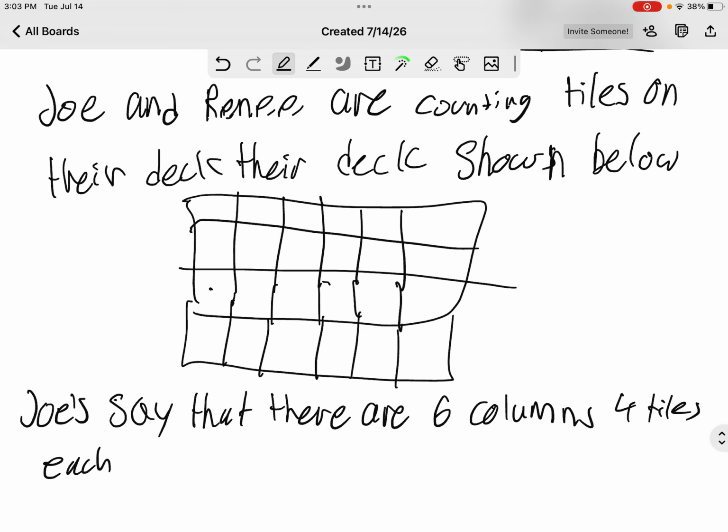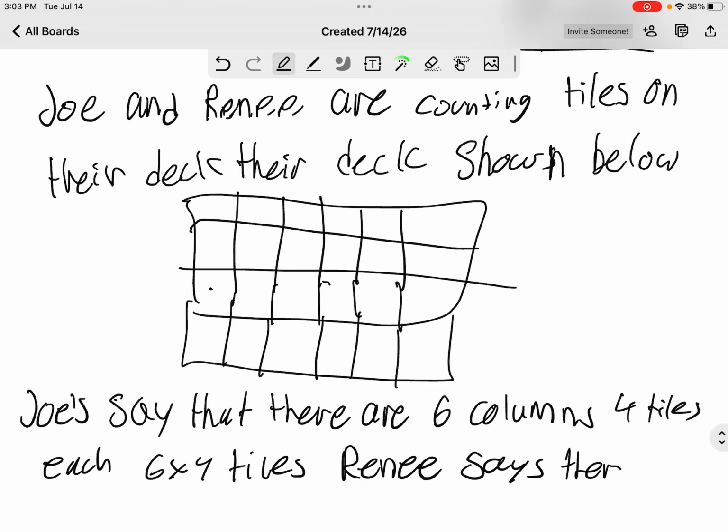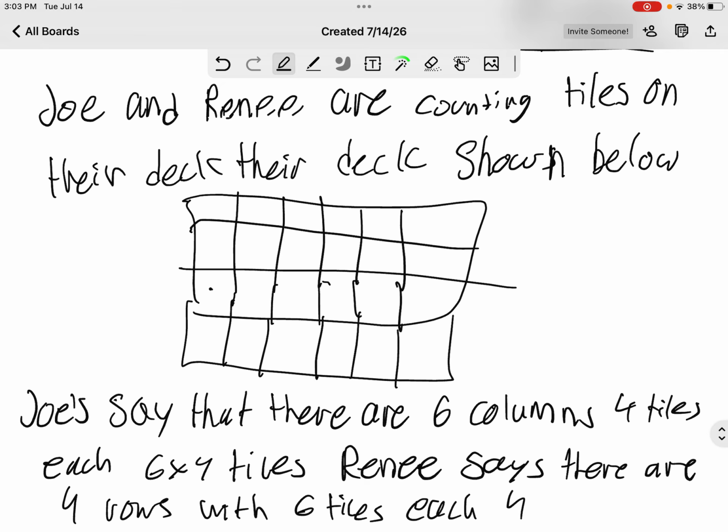So, if there are 6 by 4 tiles, Rennie says there are 4 rows with 6 tiles each, which is 4 times 6. Who is correct?